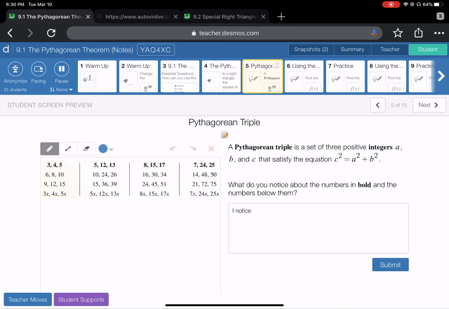A Pythagorean triple is a set of three positive integers, a, b, and c, that satisfies the equation c squared is equal to a squared plus b squared, which is the Pythagorean theorem. So basically, we want three positive integers that, if I substitute them into the equation c squared is equal to a squared plus b squared, we are going to get a true equation.